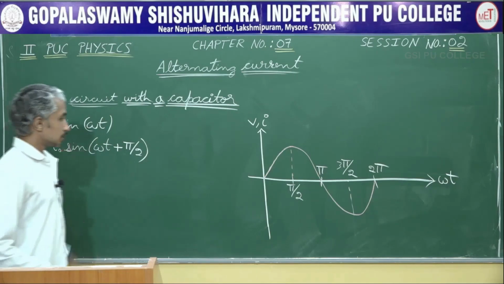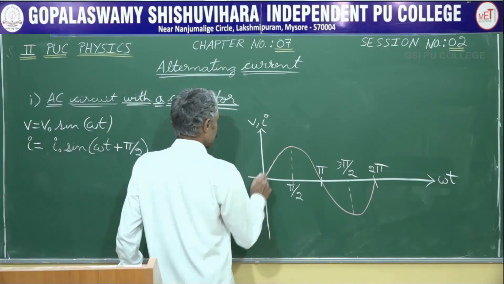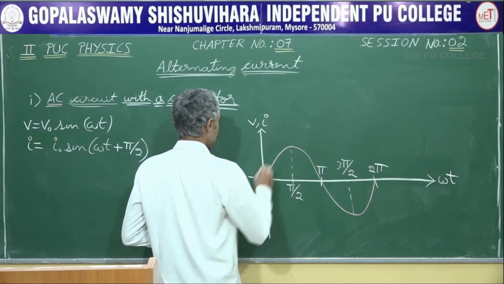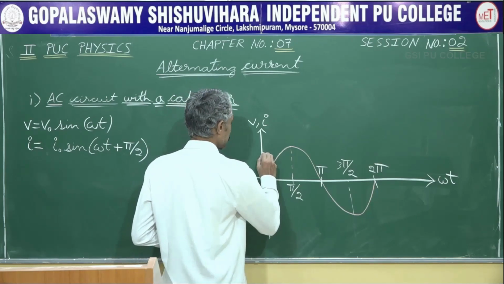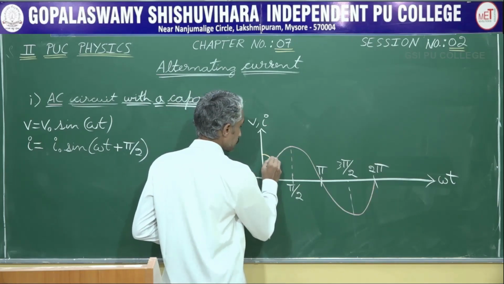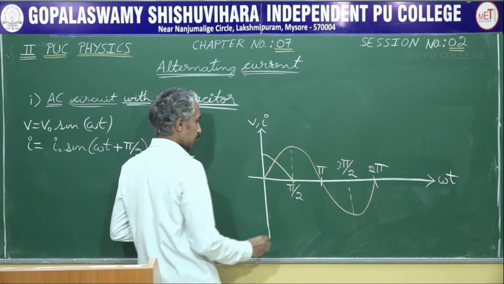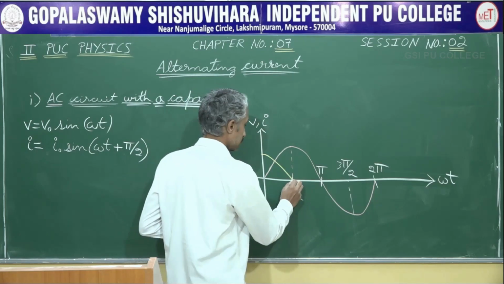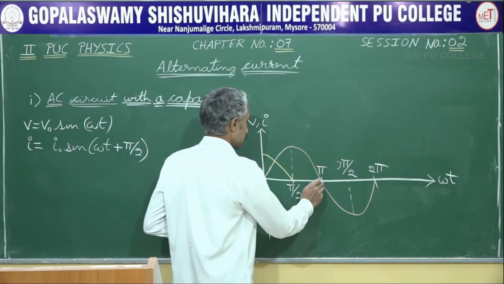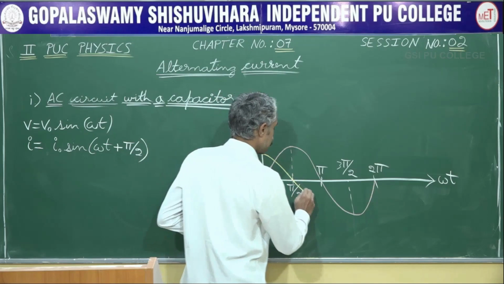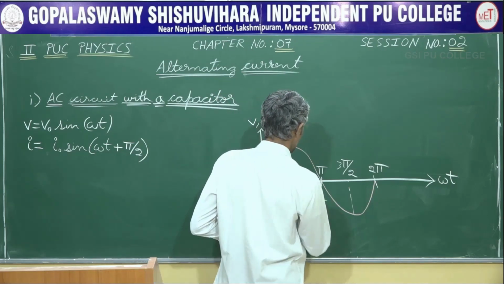The current leads the voltage, therefore, when the voltage was 0, the current was already at its maximum. When the voltage was positive maximum, the current was 0, and when the voltage has reached 0, the current has reached its negative maximum.